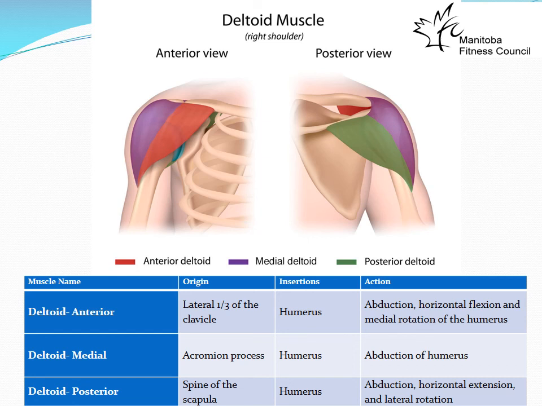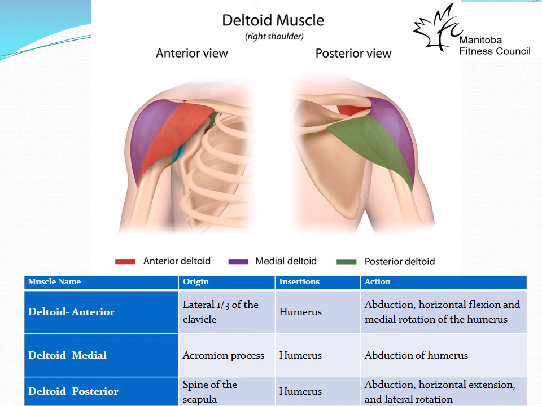The posterior deltoid, that's going to be on the far right, so we're looking at a posterior view. This is going to attach to that bony spine of the scapula. It's not attached to the spine, but to the spine of the scapula. Because of where it's located, it will assist with abduction, but it'll be very, very good at horizontal extension.